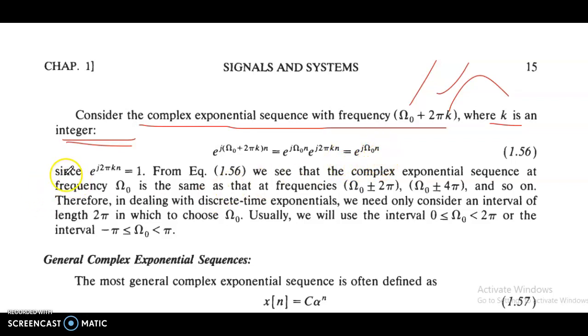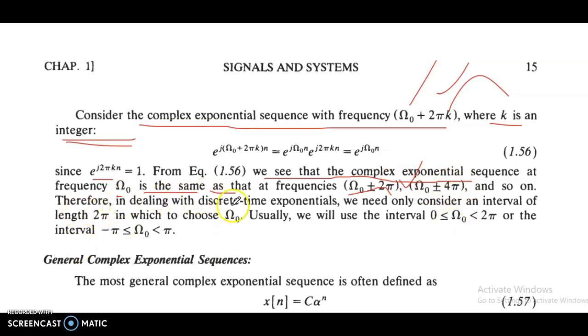Since e power j 2 pi k n equals 1, from equation 1.56 we see that the complex exponential sequence at frequency omega naught is the same as that at frequency omega naught plus or minus 2 pi, omega naught plus or minus 4 pi, and so on.